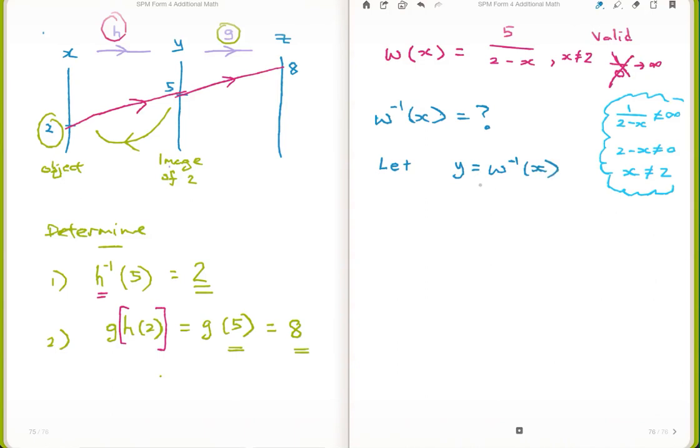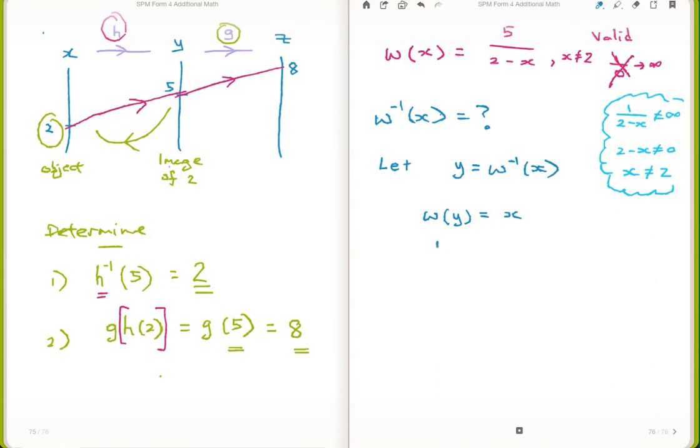You equate it with y. So therefore w of y will be equal to x. I need to find out what x is, because this is inverse. When you go backwards, you need to find x.